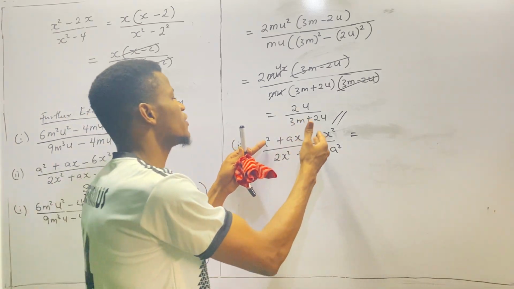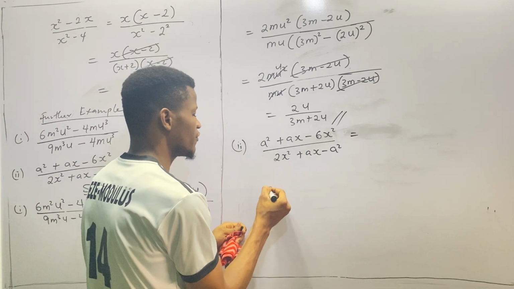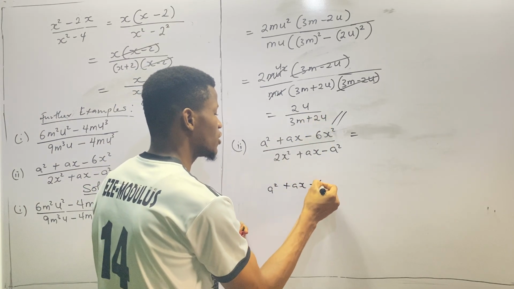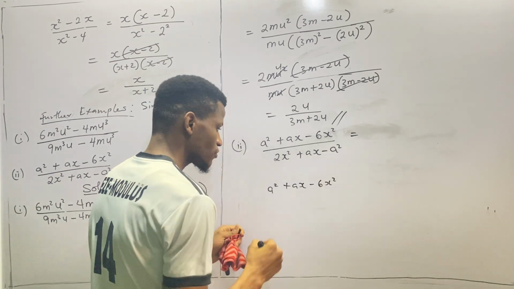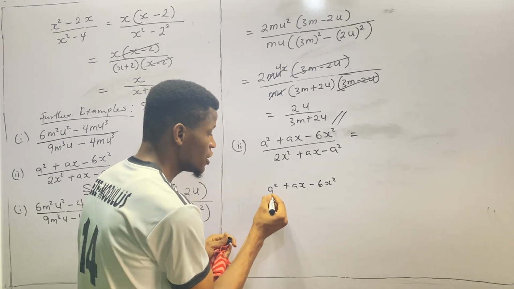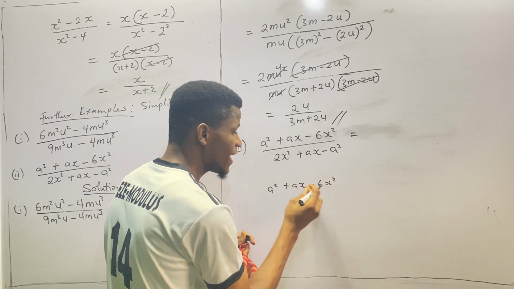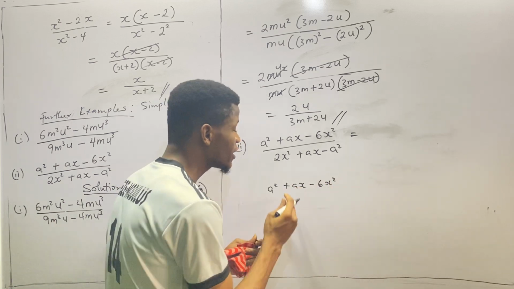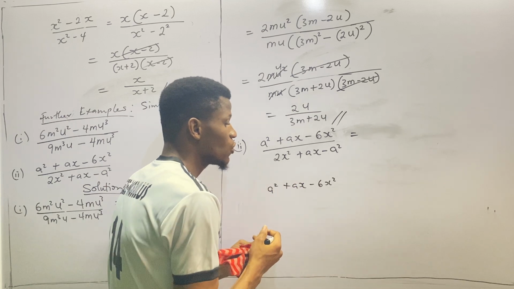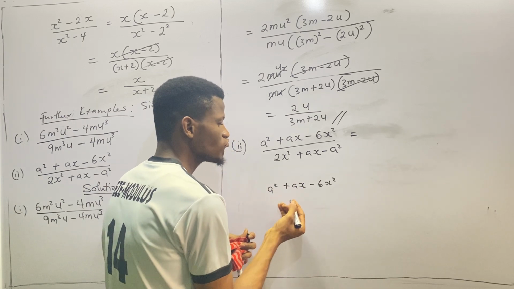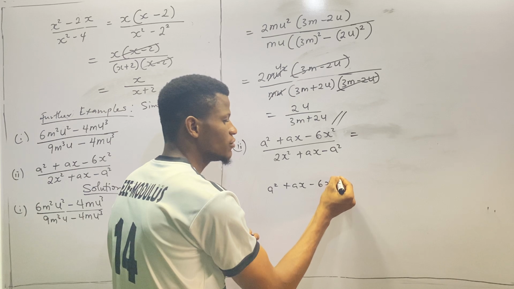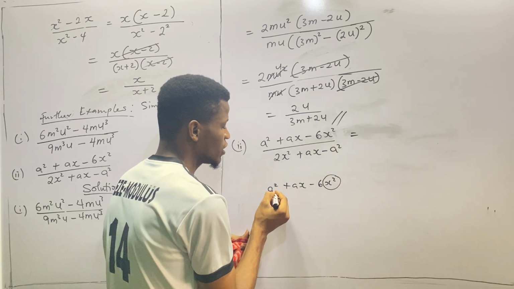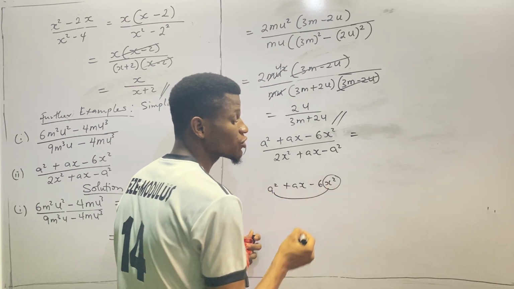If I bring the first sample here, the first term we have is a squared plus ax minus 6x squared. Here, if we take x as our variable and take a as our constant, this one together with this constant will give us the product of the roots.